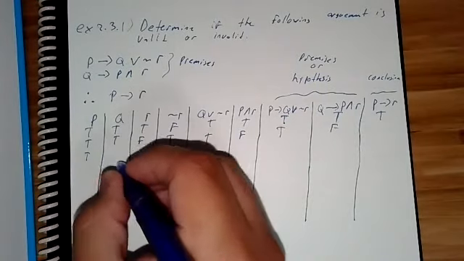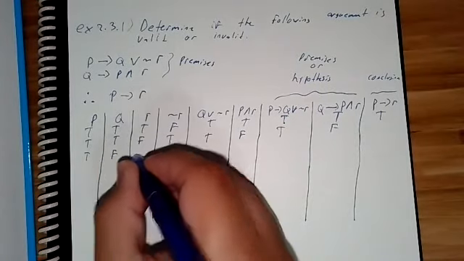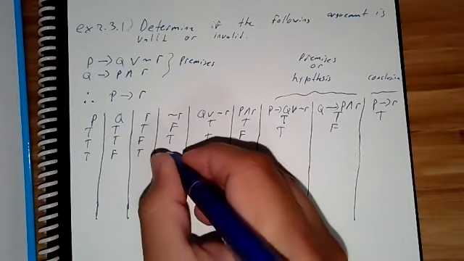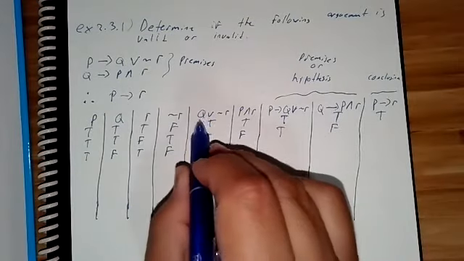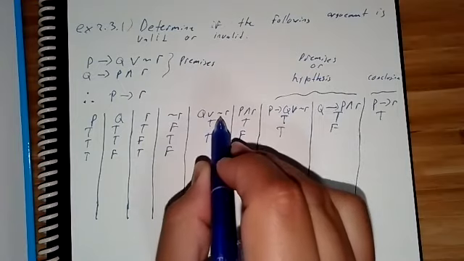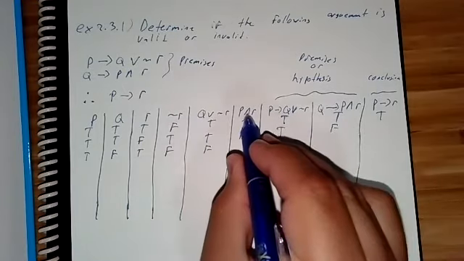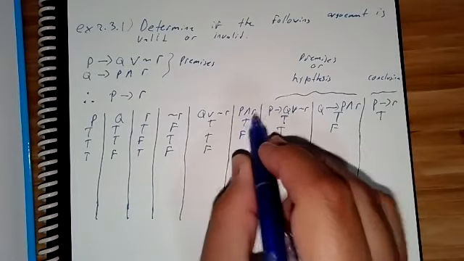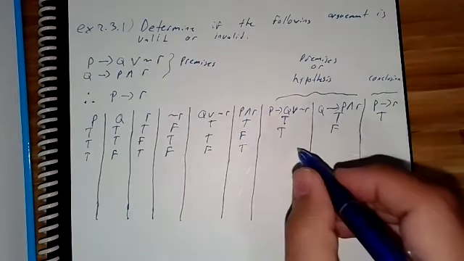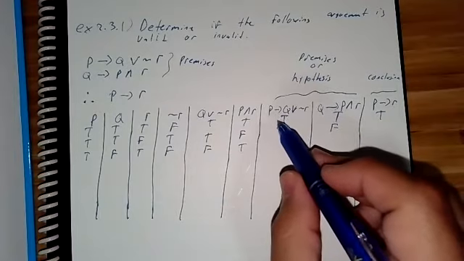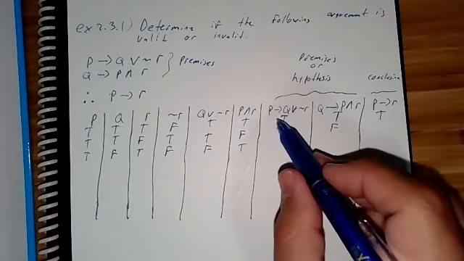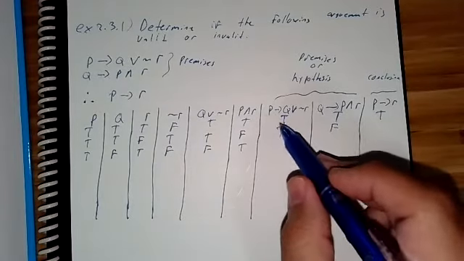True, false, true would make this false. False or false, it's false. P true and true. Okay, P, where's the Q?